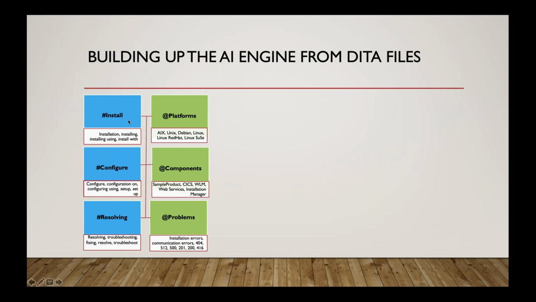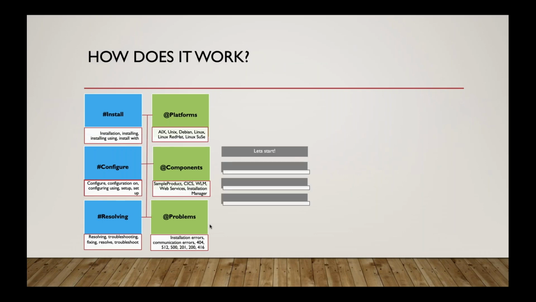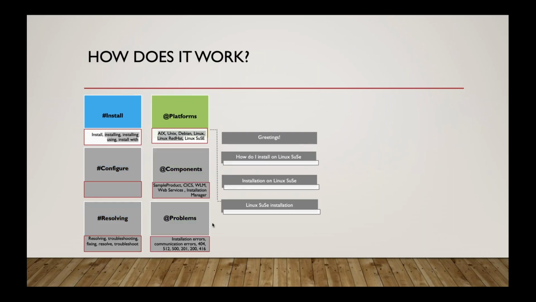So a bot recognizes an intent with a hash sign, as you see in #install or #configure or #resolving, and entities are identified by their @ symbol. Once the conversation kicks in and you ask the bot, how do I install on Linux SUSE?